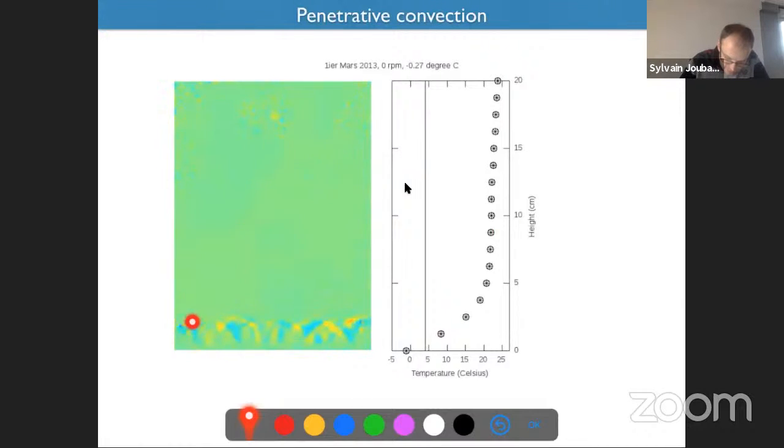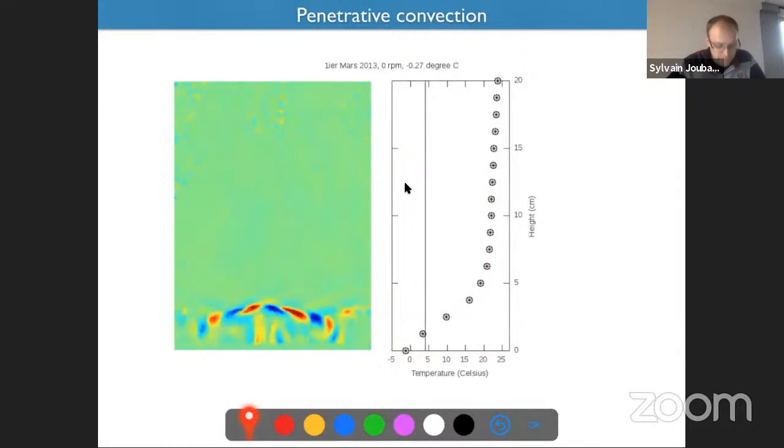And you can see here there is a transition region. Here you are below 4 degrees in the first centimeter. Then you're here below 4 degrees. And you see that there's a clear difference.